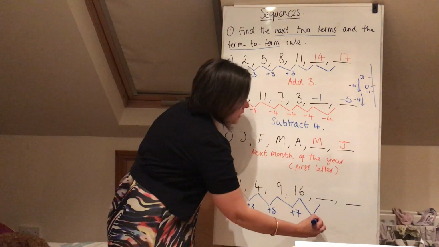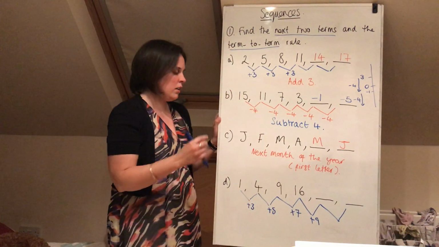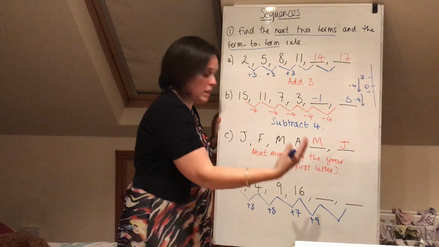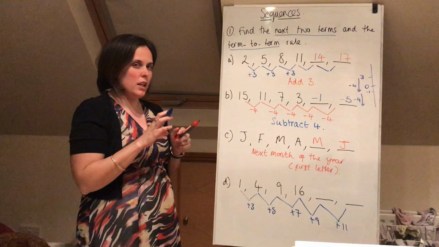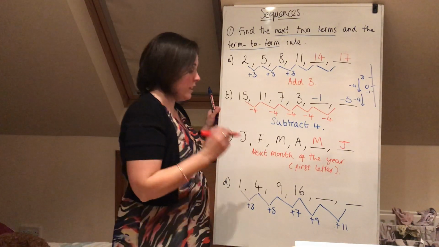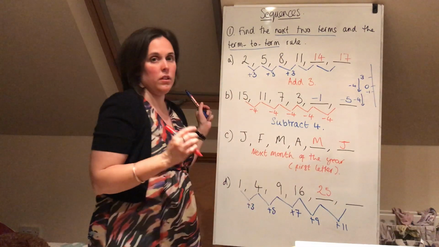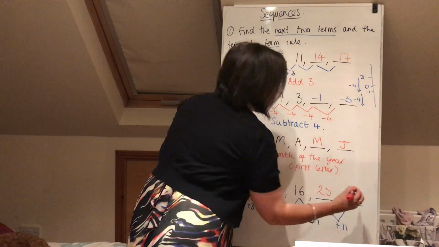So we could say we're going to add 9. And if we do the same again, 3, 5, 7, 9, we'd add 11. So there is a pattern, it's just a little bit more tricky to spot. So if we add 9 to 16, we get 25. And if we add 11 to 25, we get 36.